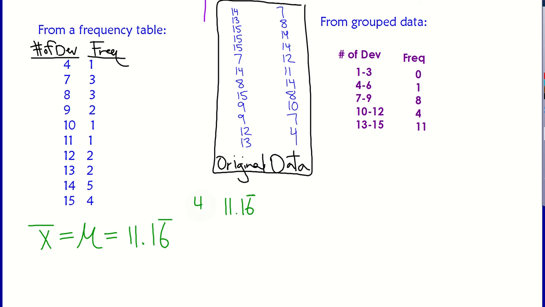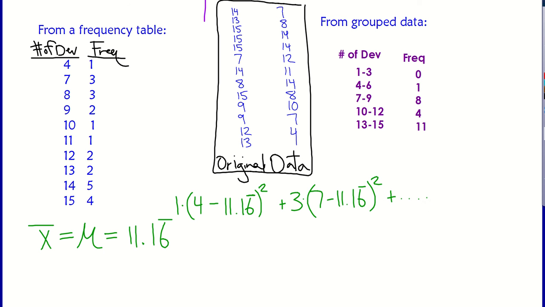I would say 4 devices minus the average of 11.16 repeating, and then I would square that distance, and I'm going to multiply that by 1 because that only had a frequency of 1. Then I would take 7 devices and subtract mu, square that, and instead of doing that 2 more times, I'm just going to multiply that by 3 because that was my frequency of that value.